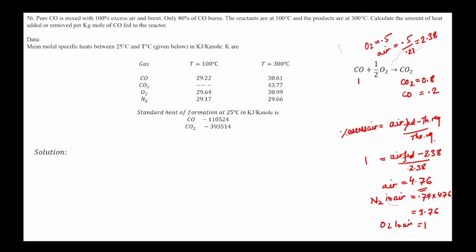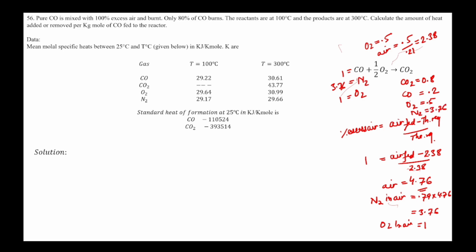Now we have everything. In the feed we have CO 1, N2 3.76, O2 1. But O2 reacted is 0.5, so O2 in the product is 0.5, and N2 is a tie component, 3.76.